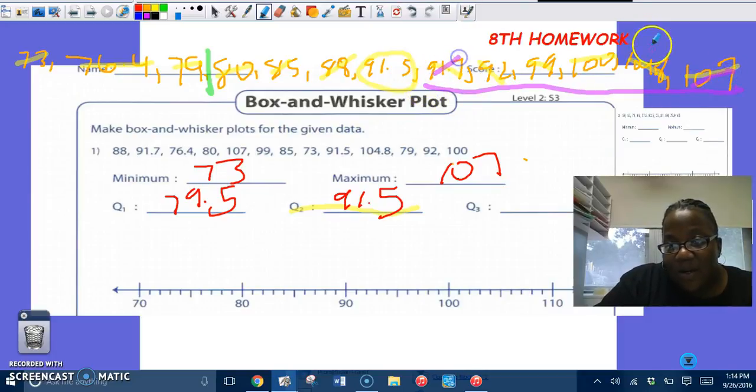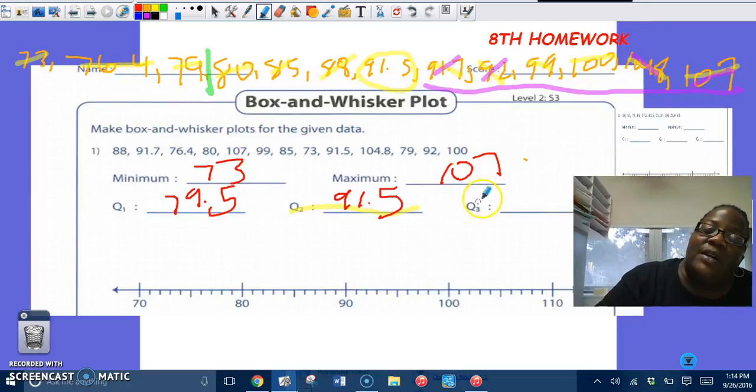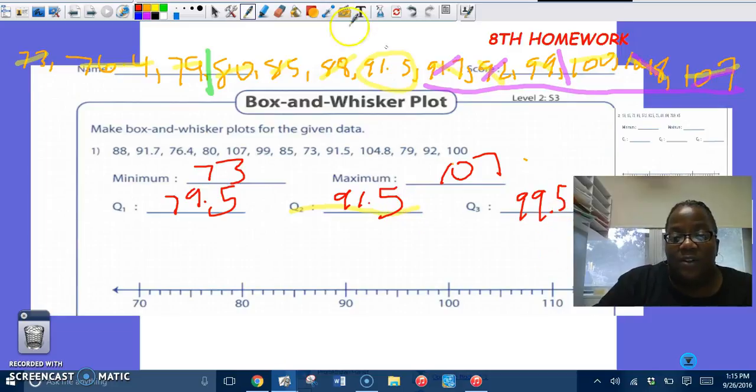Goodbye, goodbye, goodbye, goodbye. I have these 2. Add, divide by 2. You'll get what's right in the middle here. Boom. That's what I'm looking for. And you can tell and look at it that it's going to be 99.5. Now you have all your numbers.